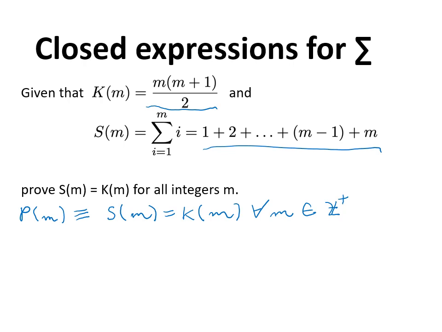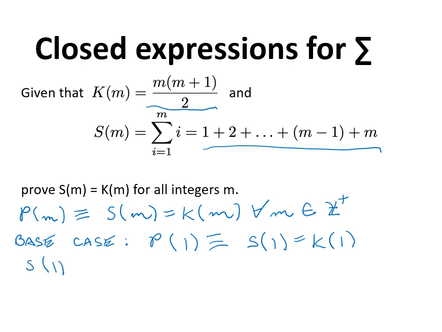Now we have to show the base case. So we want to show that P of 1 holds. So P of 1 is equivalent to S of 1 is equal to K of 1. Okay, so what is S of 1?